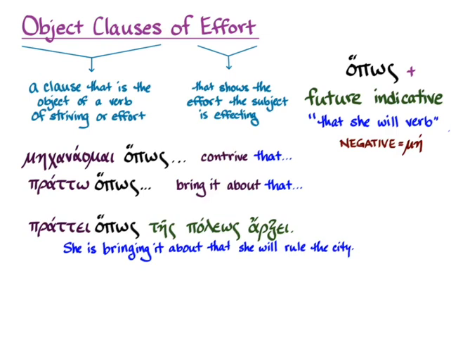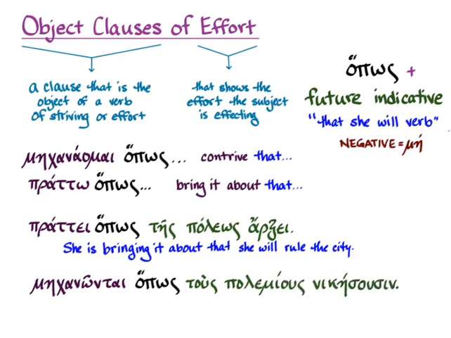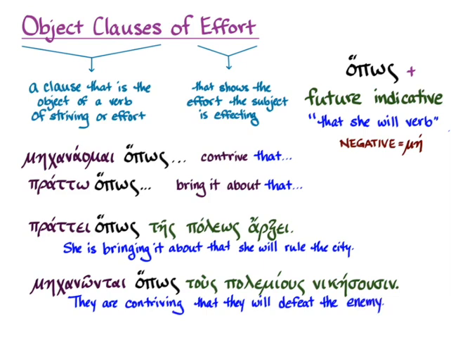Let me show you one with mēchanaomai. Mēchanōntai hopos tous polemious nikēsousin. So here we get to use contrive with our fabulous new verb, which, as you know, is an alpha contract, which explains the circumflex and the omega. And so our translation this time is they are contriving, or they contrive, that they will defeat the enemy. Or enemies, if you want to translate tous polemious in the plural way that Greek does.